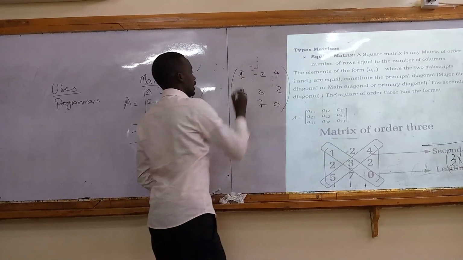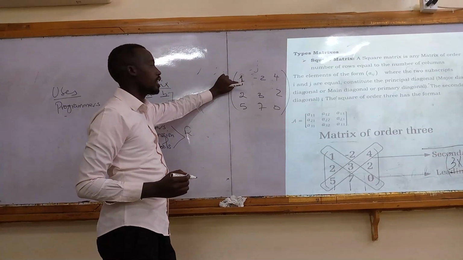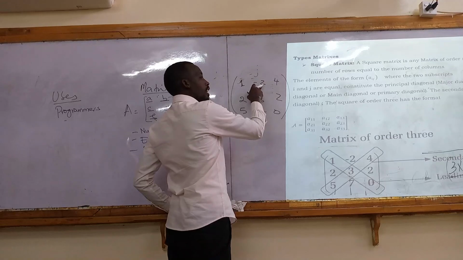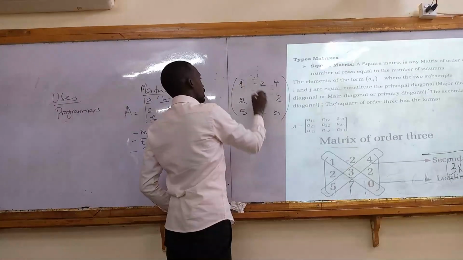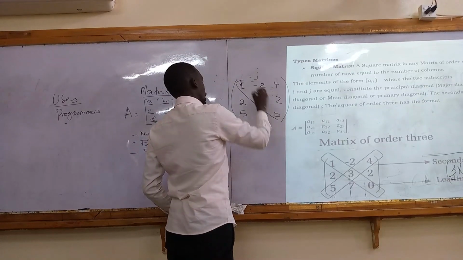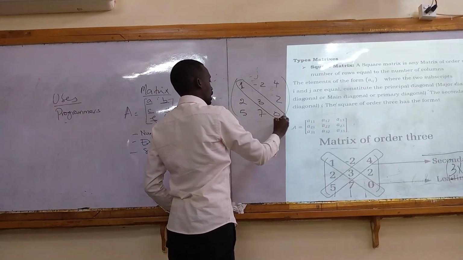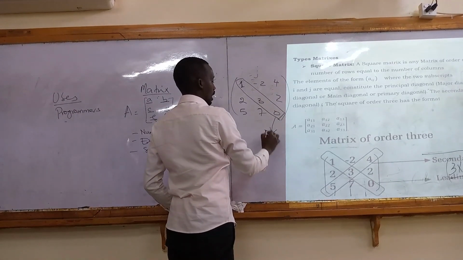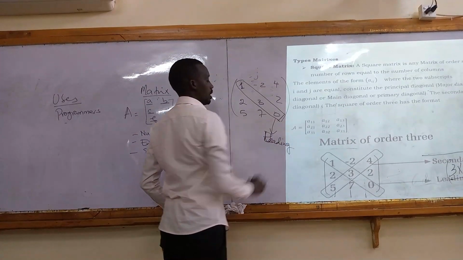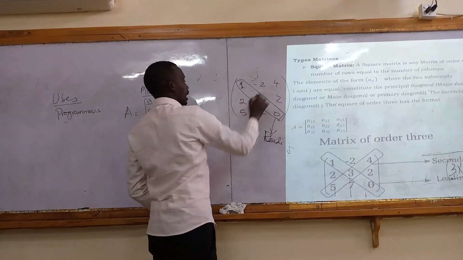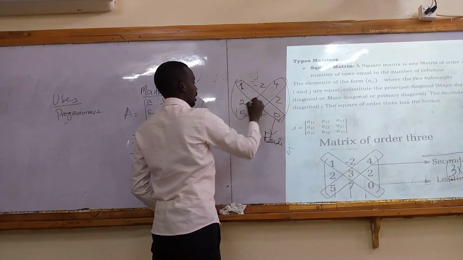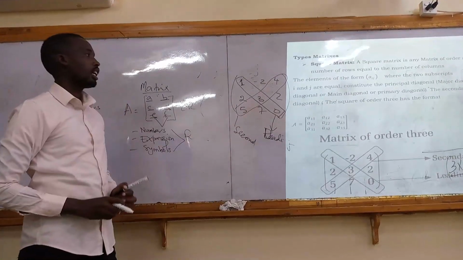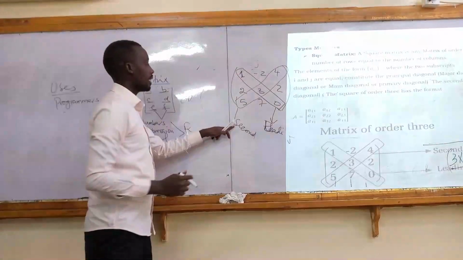This element is on the first row, on the first column. This one is on the first row, on the second column. These elements are called the leading diagonal. Then these other elements are called the secondary diagonal, or the minor diagonal.